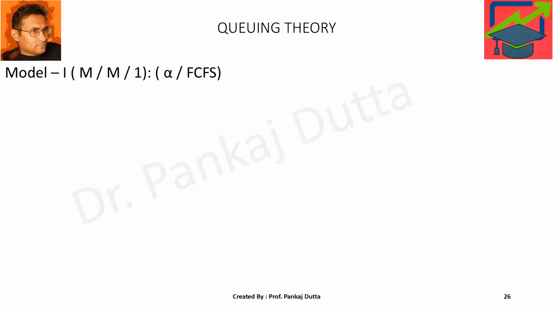The third value 1 specifies that there is a single server or single channel. The fourth term, infinity, indicates infinite queue length. The last term of the model implies that the customers are served on first come, first served basis.